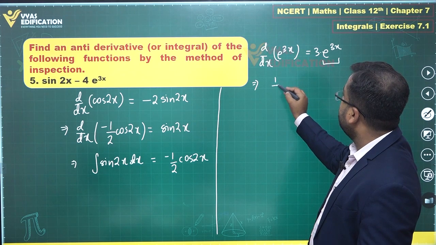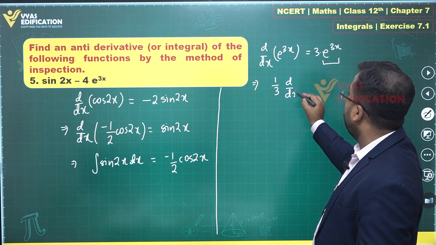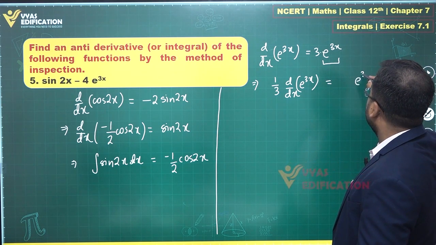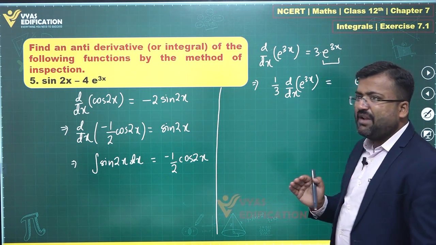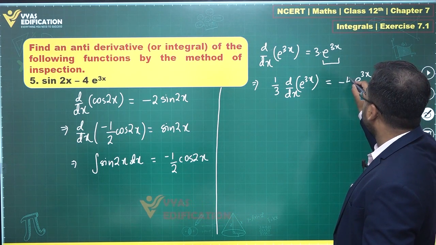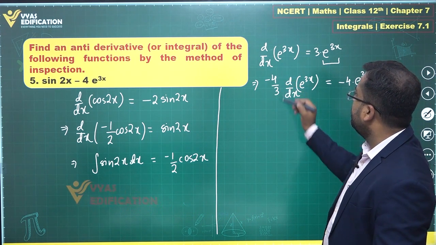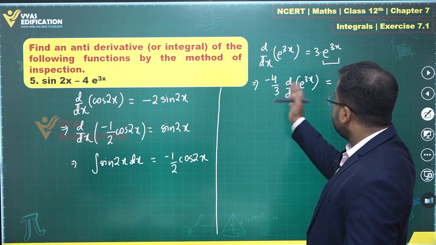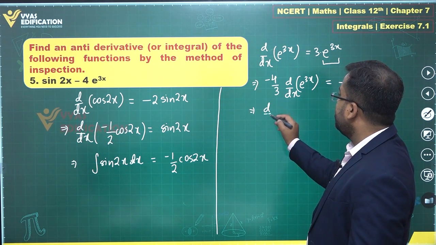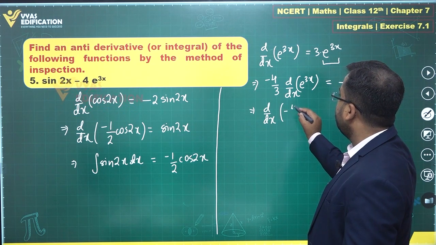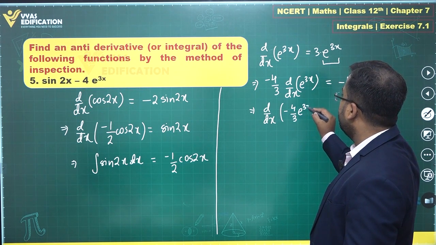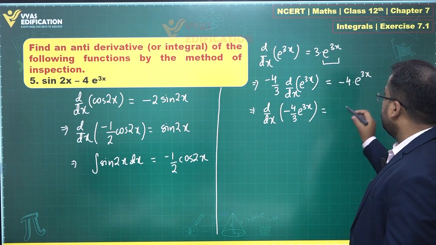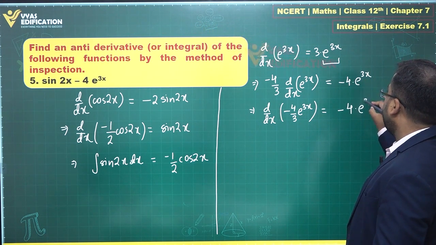This becomes 1 by 3 d by dx of e power 3x, which is equal to e power 3x, okay? Now I multiply with minus 4 as well. This is minus 4 times this, and this will become minus 4 times this, right? This is what I get. This minus 4 by 3 can go inside, and what I get is d by dx of minus 4 by 3 e power 3x, and this is equal to minus 4 e power 3x.